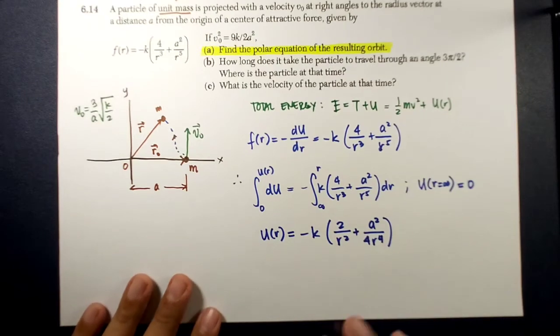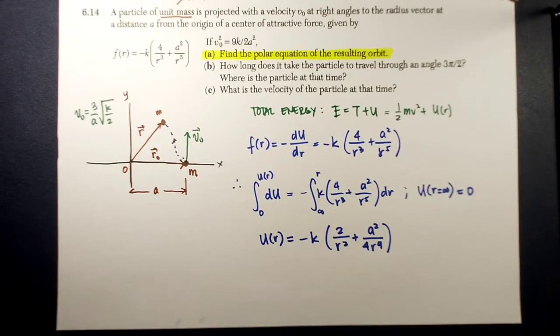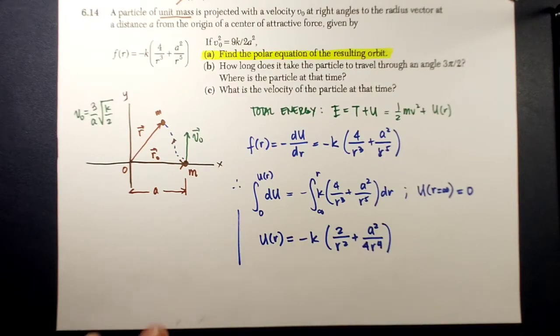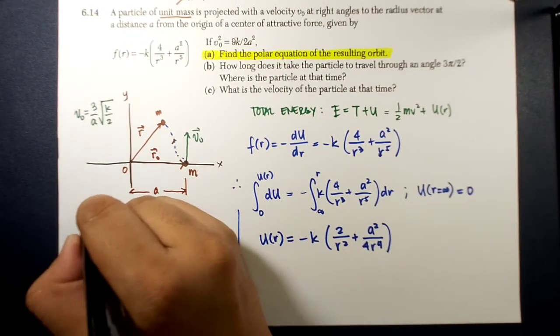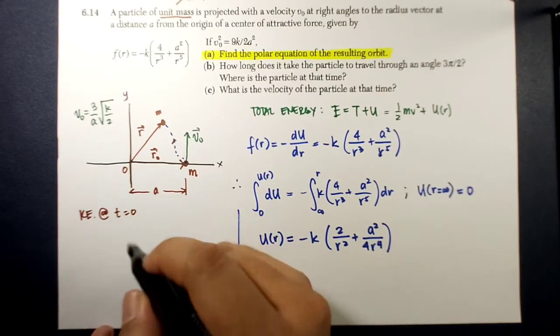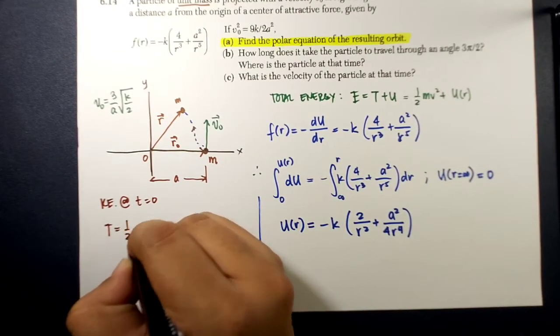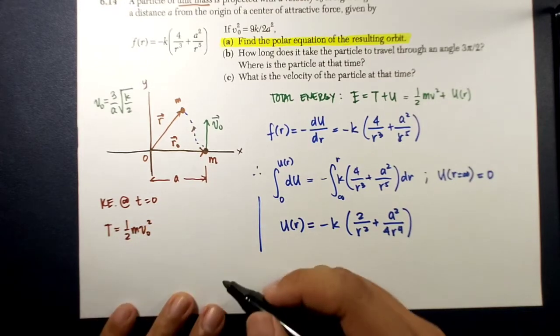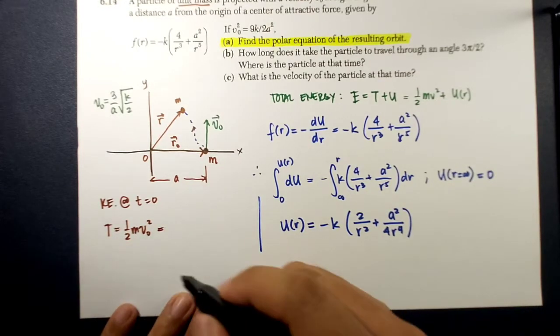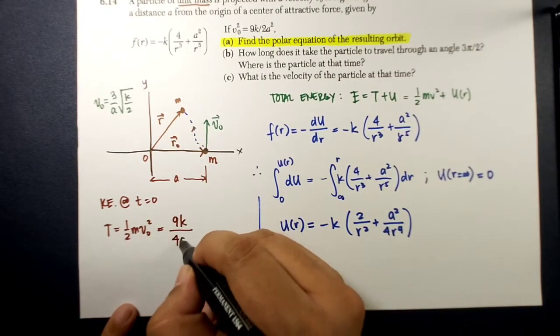On the other hand, the kinetic energy at time equal to 0 is equal to 1/2 m v naught squared, which is equal to 9k over 4 a squared.